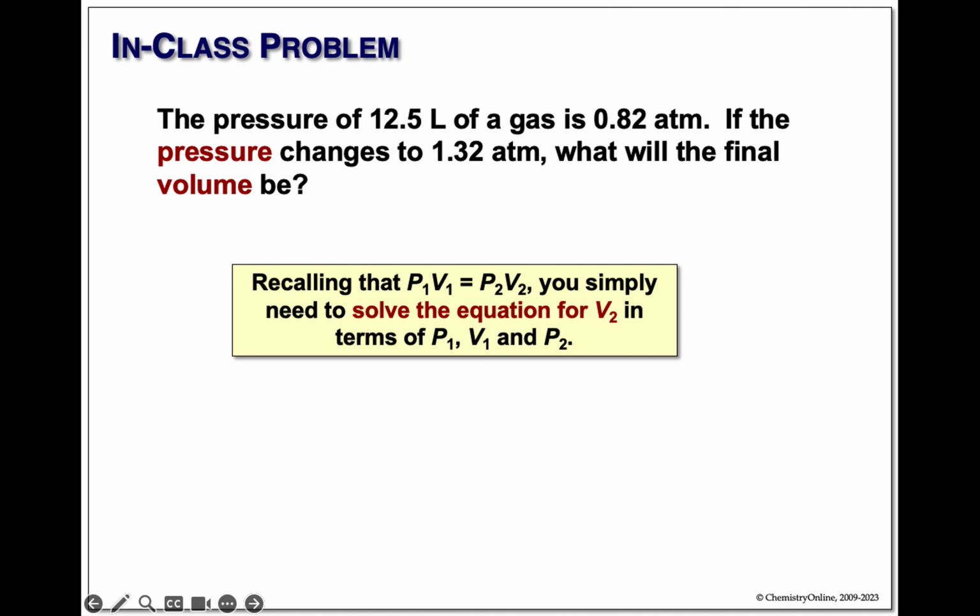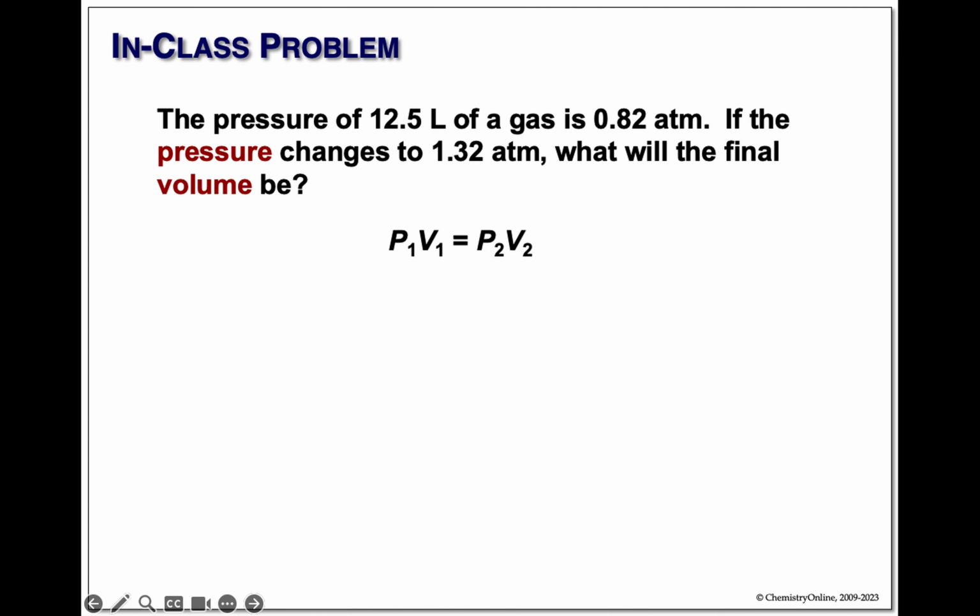P1V1 equals P2V2. We're looking for the final volume, that's V2. So we'll solve the relationship for V2 and then substitute. There's Boyle's Law. We're after V2 once again. And that's P1V1 over P2.